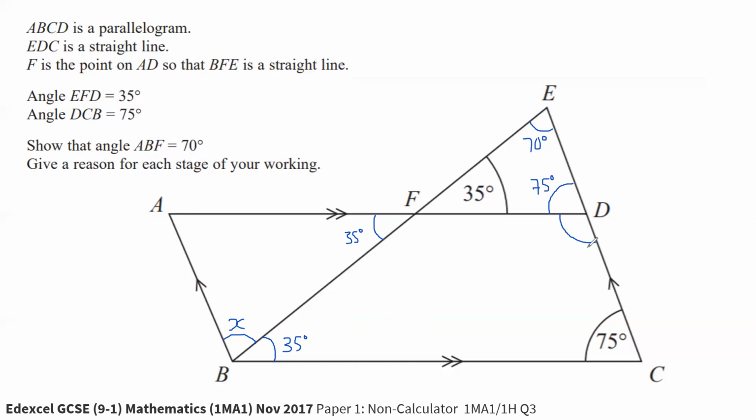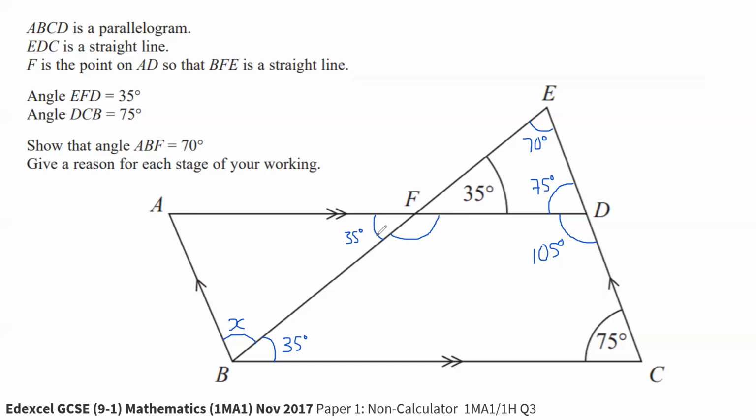We can work this one out quite easily, because we know that this angle is 75 degrees. Angles on a straight line always add up to 180, which means we know that this one is going to be 105 degrees. And similarly, we can work out what this angle is going to be, because again, angles on a straight line add up to 180.